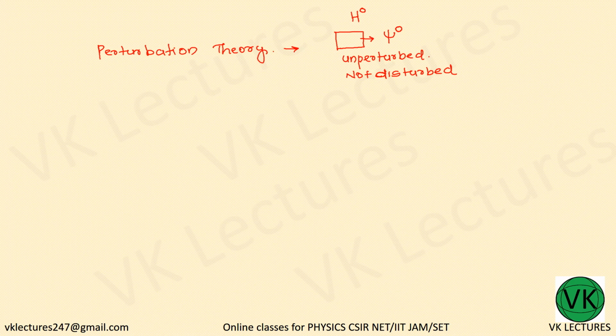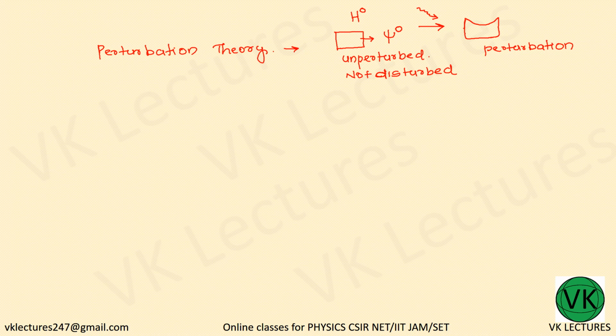Now due to some intervention, this state is being perturbed. So for example, earlier this was a rectangle, now it is somehow deformed. This deformation is called perturbation, or the disturbance caused by some external agency.